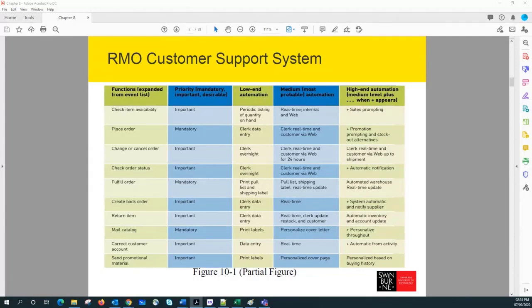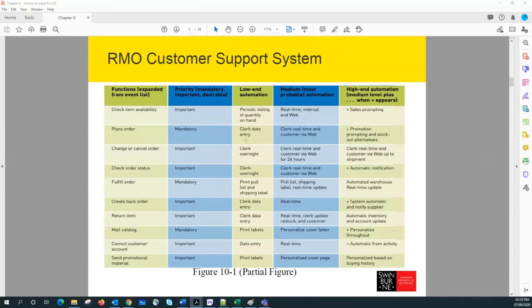For example, it depends on the strategic direction of the company when you're defining this automation. For example, if one objective of the Ridgeline Mountain Outfitters system is to increase customer support, the functions that allow Ridgeline Mountain Outfitters to respond to customer requests will be categorized as mandatory functions, right?